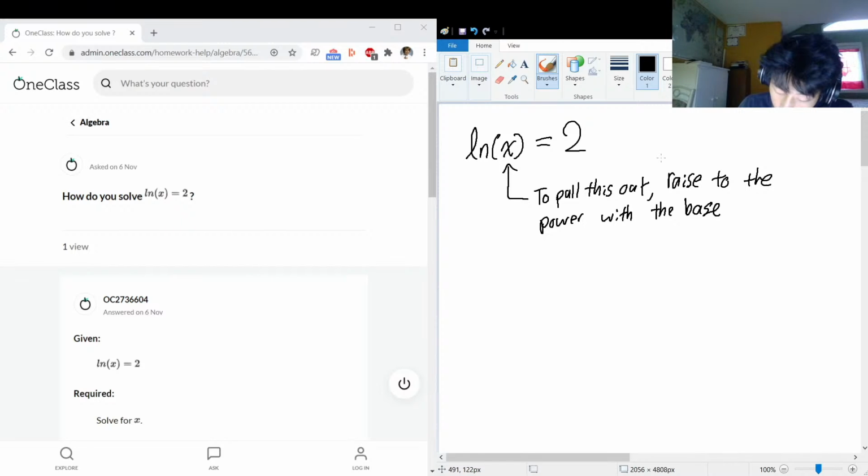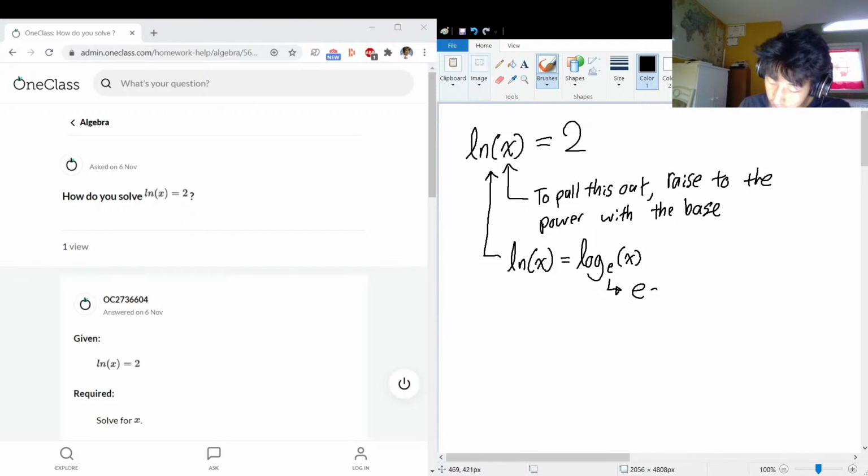Now the base of this, ln of x, is the same as logarithm of x, but when the base is e. And e is equal to 2.718, on and on.